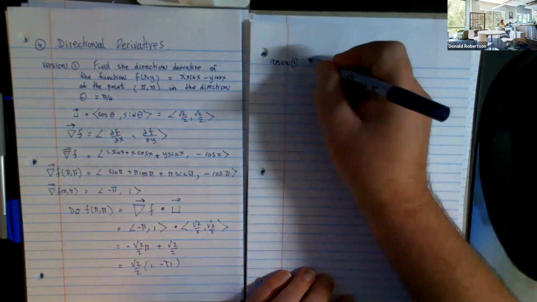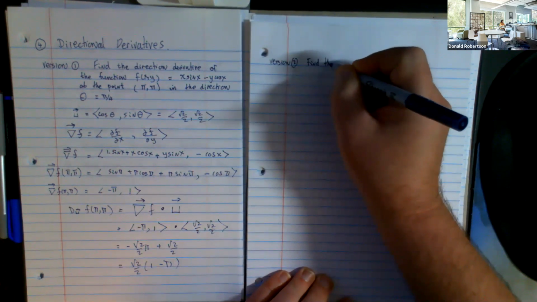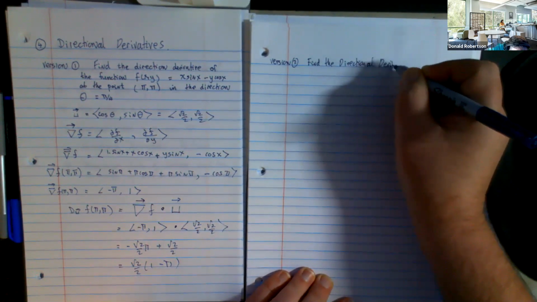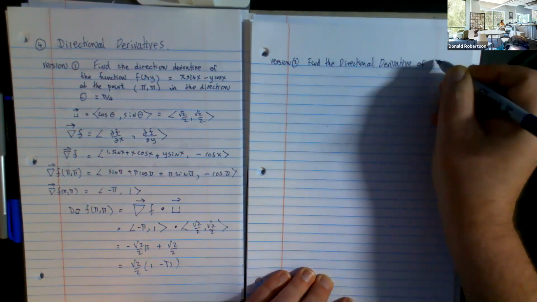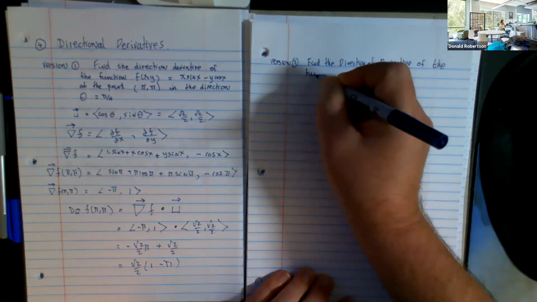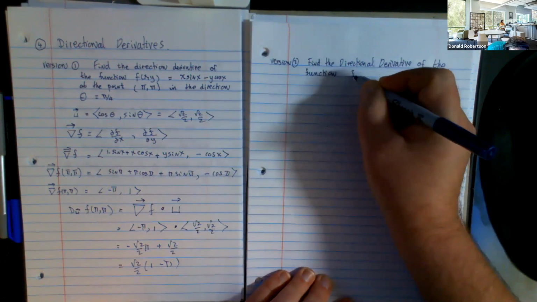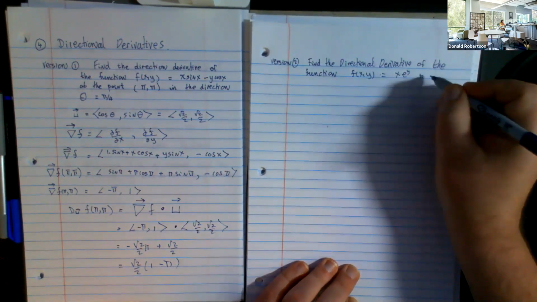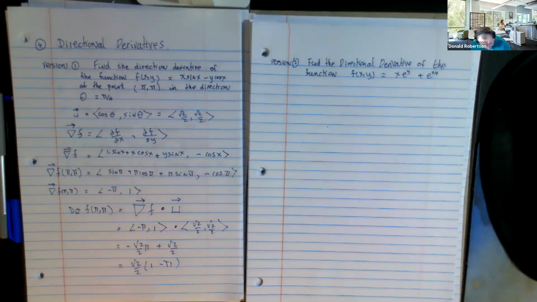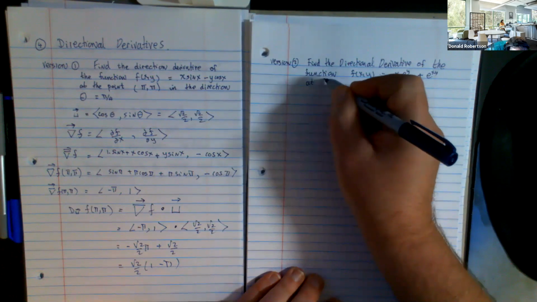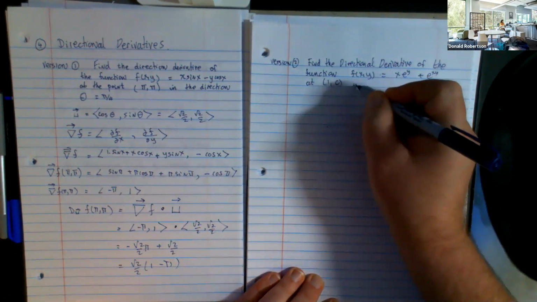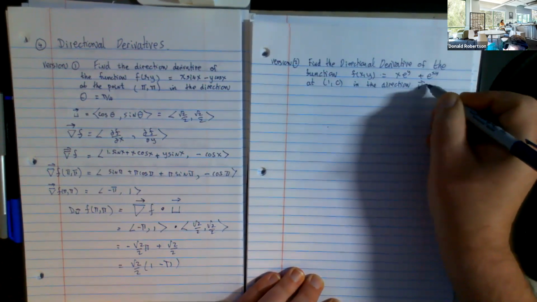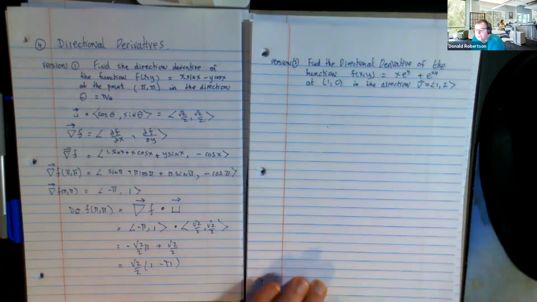So let's find the directional derivative of the function x e to the y plus e to the xy, at the point 1, 0, in the direction 1, 2.